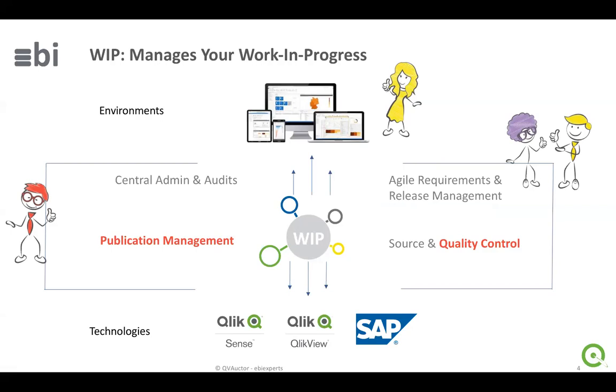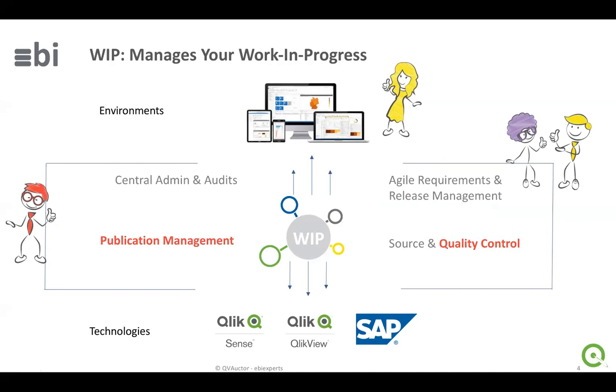We've implemented some agile requirements and release management features. So integrating the requirements that you get from your business users to your developers, and collaborating between developers, admin and business users, and the release management. So the publication following the release management packages that you are releasing.